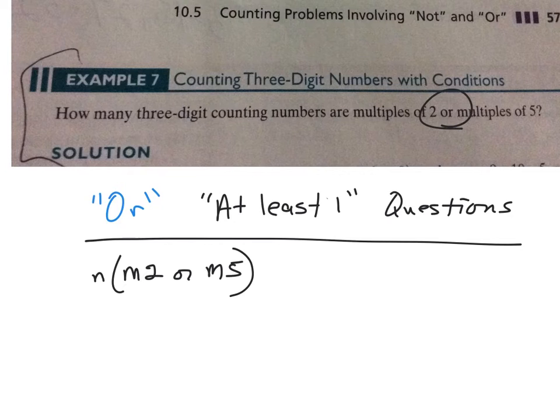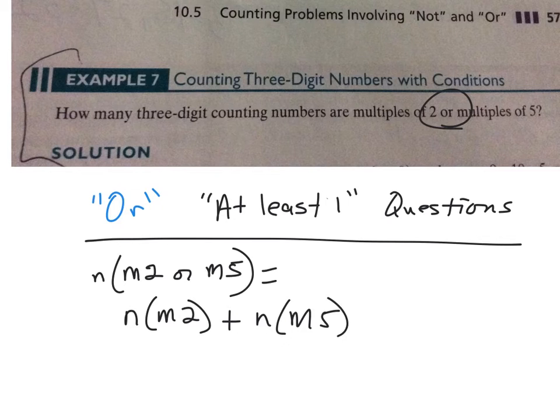So that gives me a place to start. Now, if it's an or problem, then I got to use the or formula. So that equals the number of 3-digit multiples of 2 plus the number of 3-digit multiples of 5 minus the number of 3-digit multiples of 2 and multiples of 5.